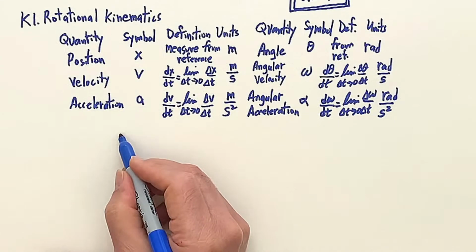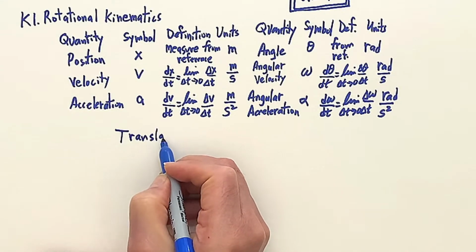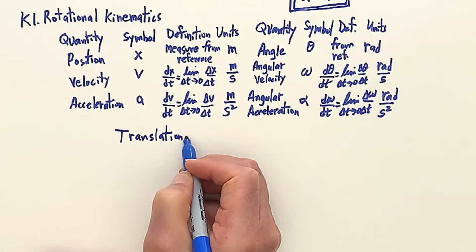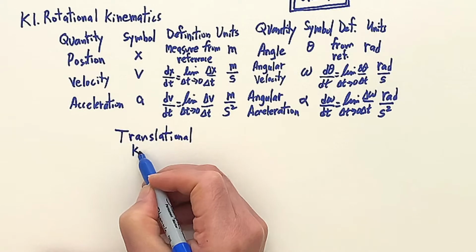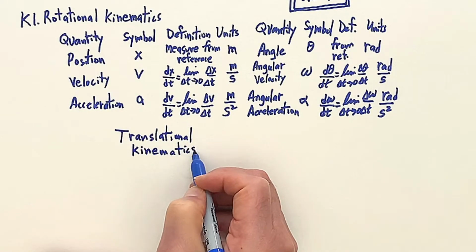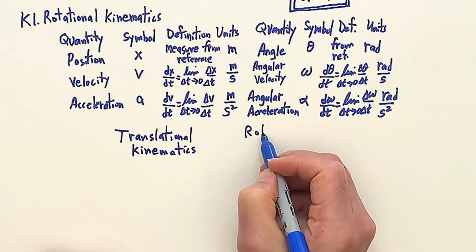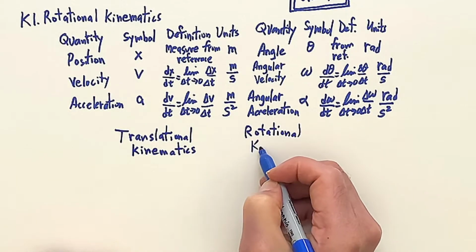For the big analogy, we have translational kinematics, and we have rotational kinematics.